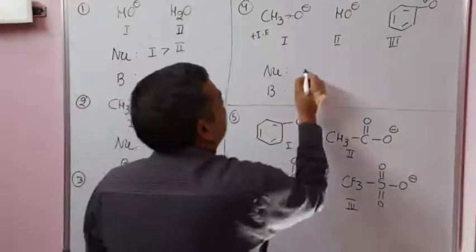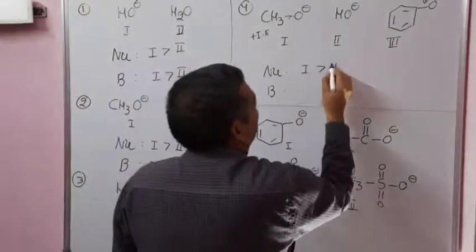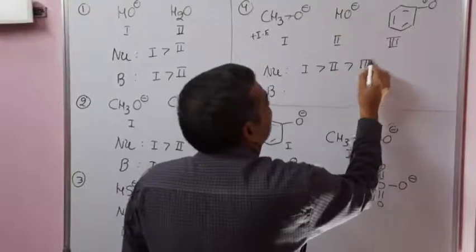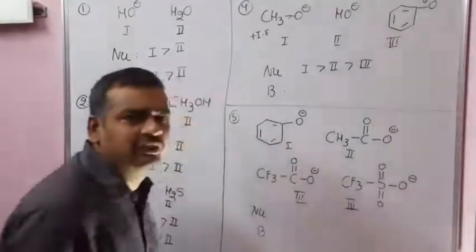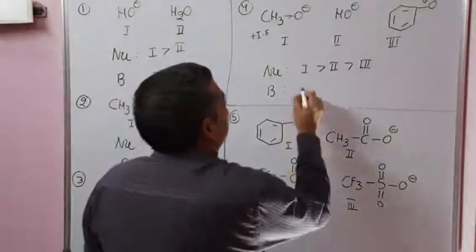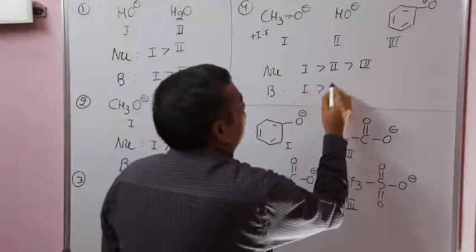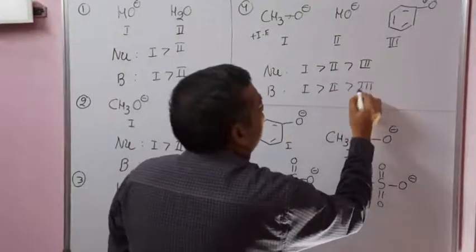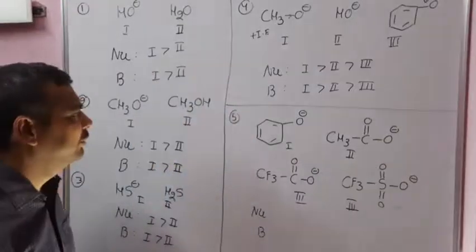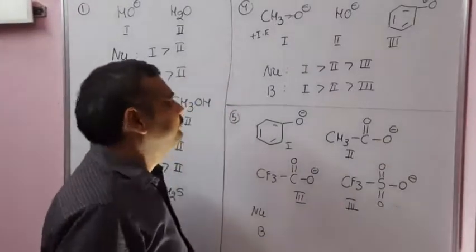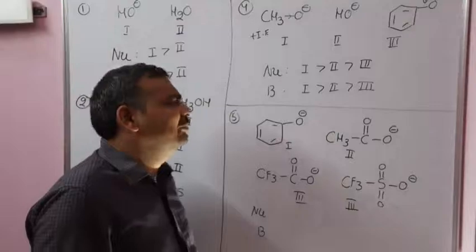So the nucleophilicity of 1 is more than 2 and more than 3. 3 is less nucleophilic, as it is involved in the resonance. The basicity order is also the same: 1 more than 2 more than 3. Okay, both are the same.